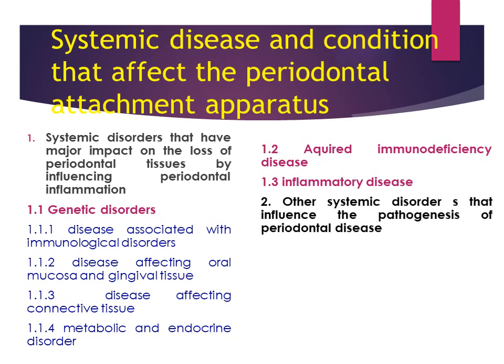The second group of systemic disease and condition affecting the periodontal tissue are disease and disorder that influence the pathogenesis of periodontal disease. Here, the occurrence of some disease may modulate the pathogenesis of periodontal disease, either through the immune system itself or through the dental plaque and microbial deposit found on the tooth surface.